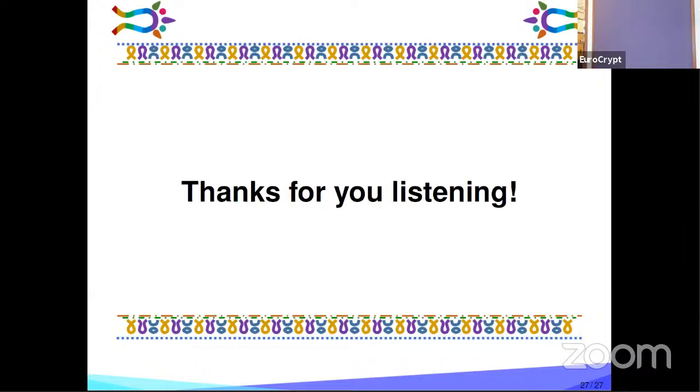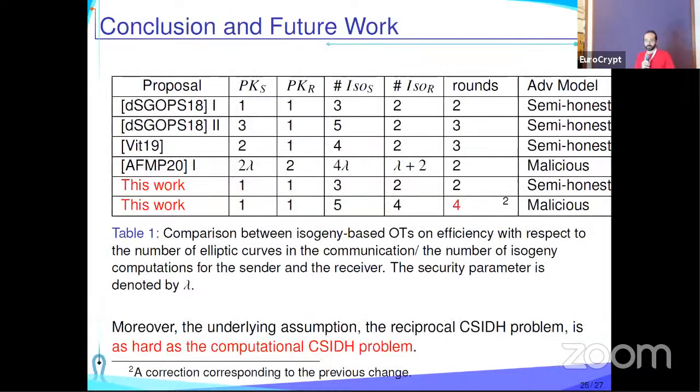So I may have a question. This OT protocol seems to be very specific to isogenies. It doesn't apply to a generic group action, a cryptographic group action. What kind of assumptions or axioms would you need to add to a group action to get the same protocol?